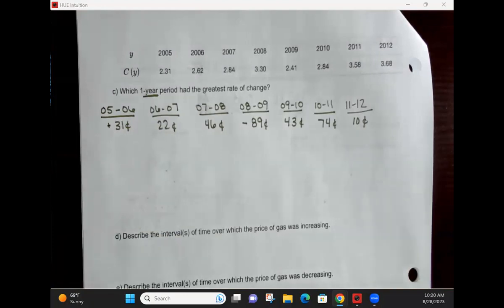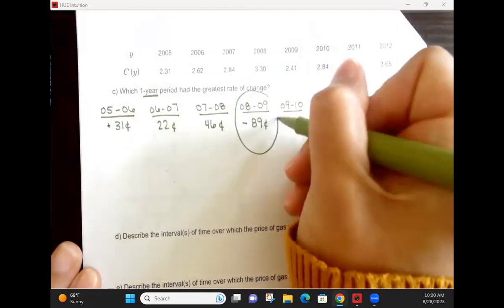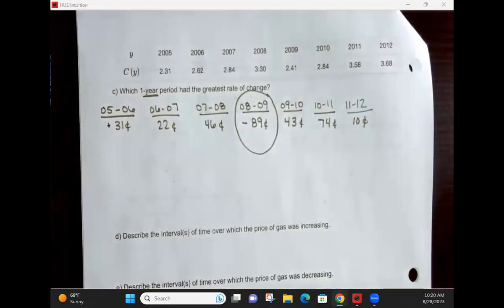Okay. So when I look at those individual years, which time frame, which interval of time has the greatest rate of change? 2008 to 2009. Yeah. Now, since it's negative, what does that mean happened to the price of gas during that time? It got cheaper, right? The price went down, negative, so it went down.